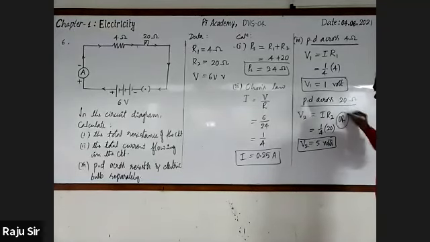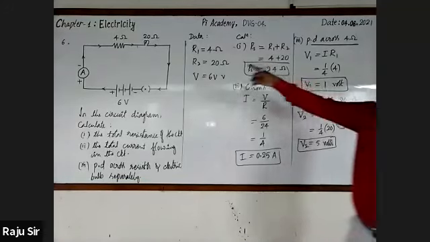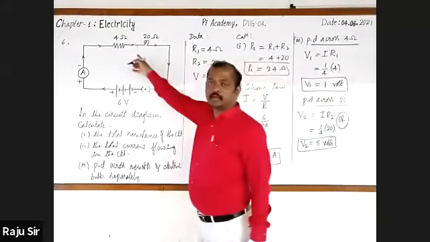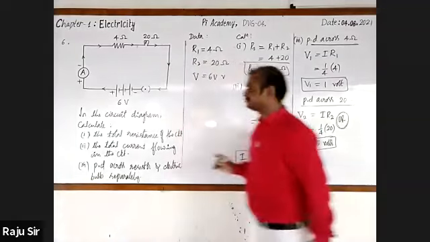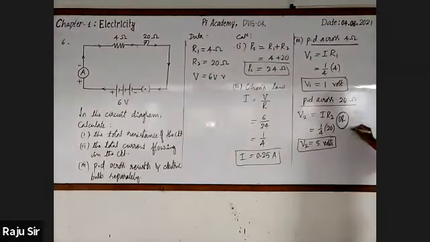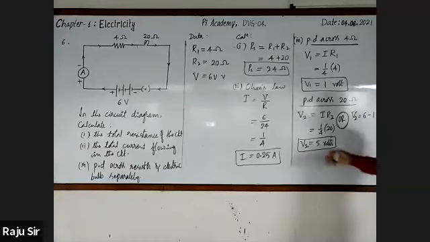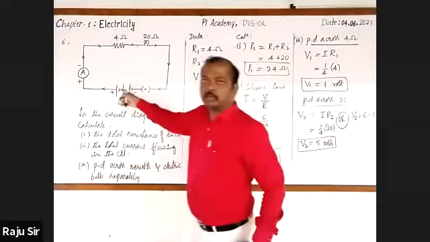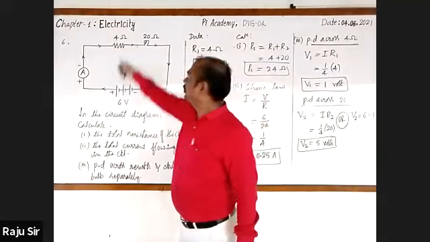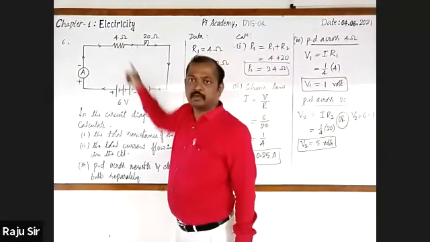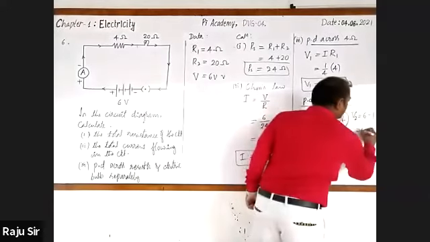Or another way is, as only one electrical component is left, we can write V2 is equal to 6 minus 1. The voltage of the battery is 6. The voltage across the 4 ohm resistor is 1. So 6 minus 1 is 5. This is equal to 5 volts.